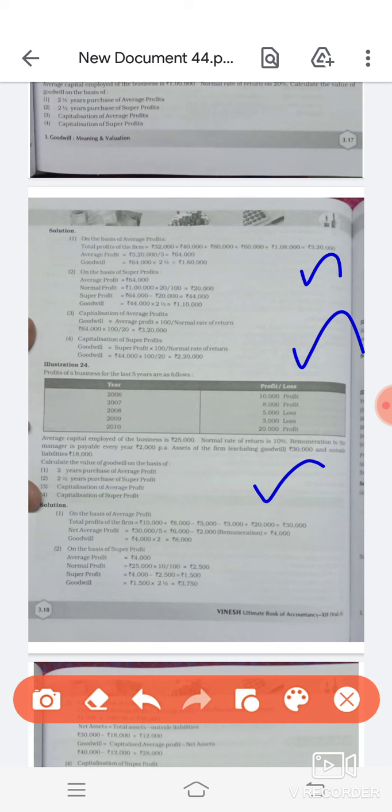Okay, and next one is the goodwill. It is the same procedure: average profit into number of years purchase, that is 2 years purchase. And next one is the super profit method. The same method: find the amount of normal profit, that is capital employed into 10 divided by 100, and find the super profit. We already calculated the average profit in the first method itself, so no need to repeat the same steps.